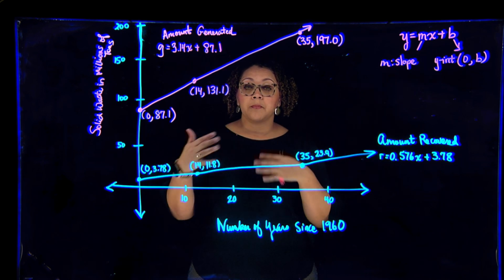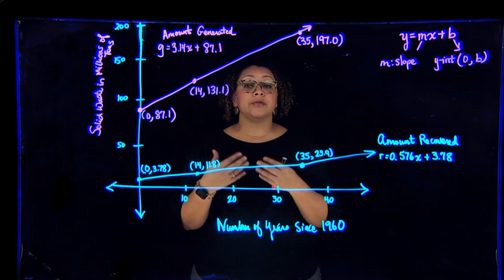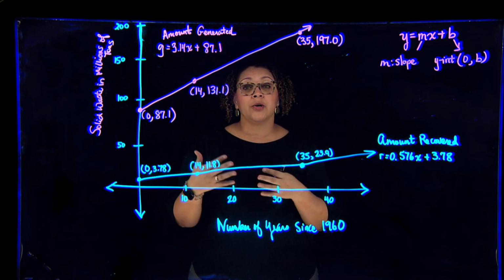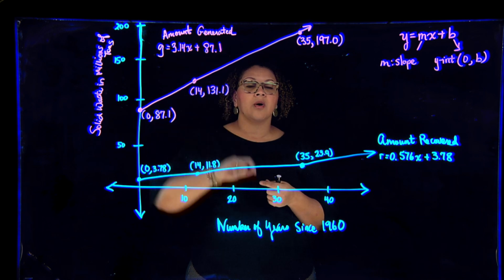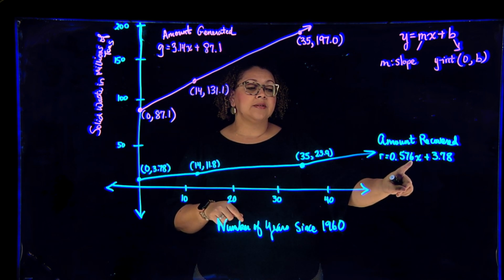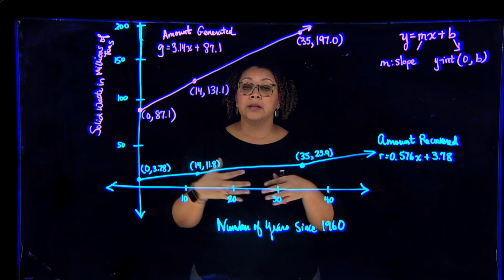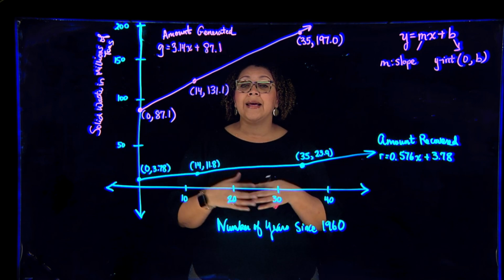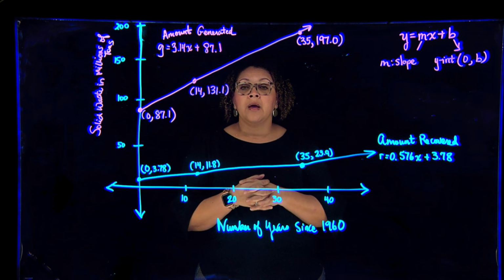So when you compare these two lines and talk about which one has the greater slope, we're simply asking you to compare their slopes. The slope of the amount generated is 3.14. The slope of the amount recovered is 0.576. So in your comparison, we want you to specifically discuss their slopes, how their slopes are different, and use that in the context of answering this question.